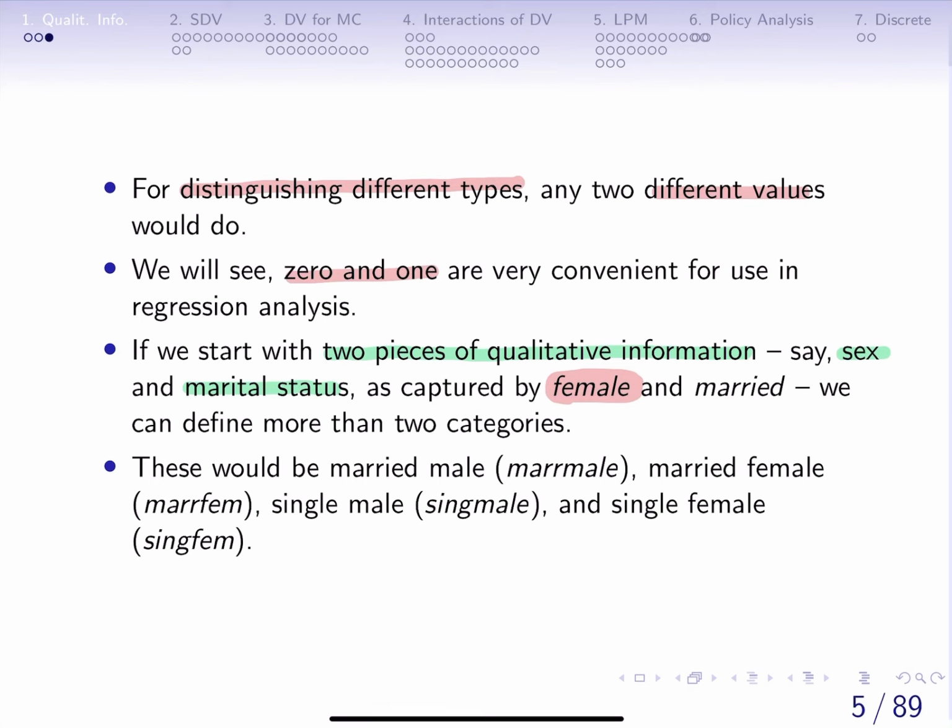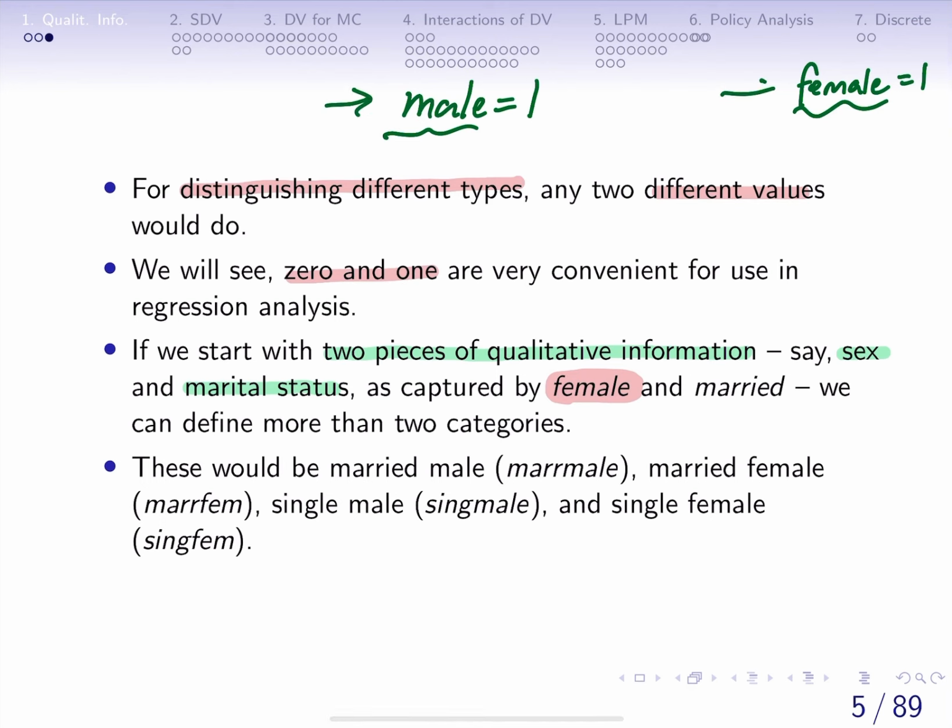If the variable you want to define is female, it takes a value of 1 if the individual is female. Or you could define a variable male, which takes the value of 1 if the individual is male. It depends on how you want to specify your regression, but both are indicative of what's going on in the data.